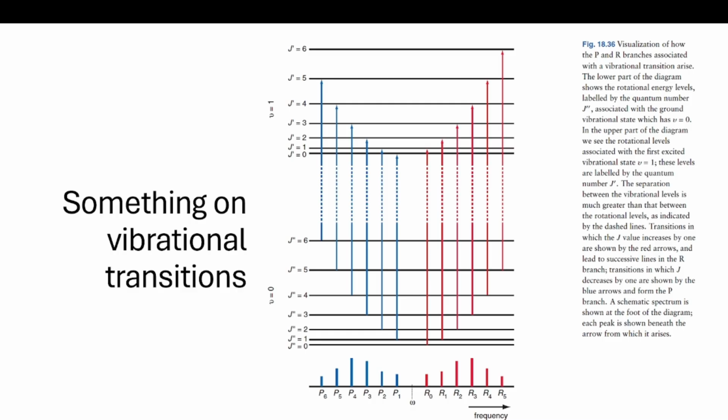When we look at something like rotational motion, instead of using IR photons, we often use microwave photons. But you can see we can get a whole load of different transitions here for both rotational and vibrational levels.